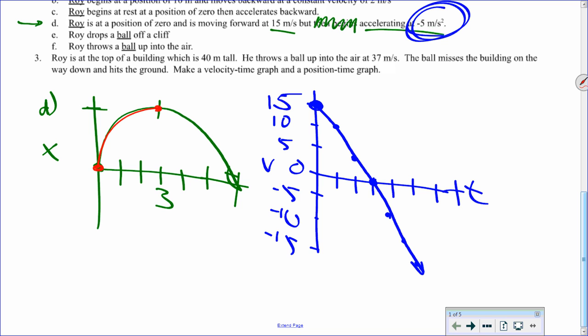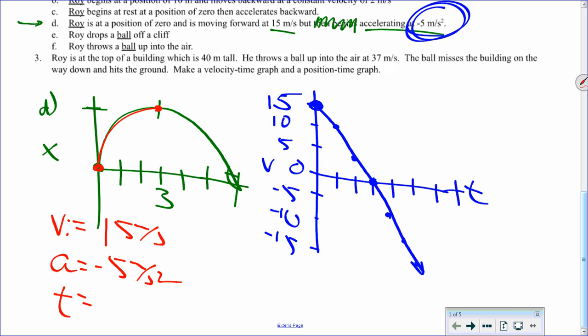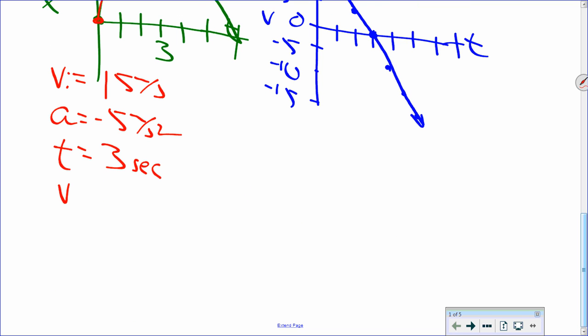Initial velocity is 15. We know the acceleration is -5. We know 2 other things. Time is 3 seconds, and the velocity at the end of that time is 0.